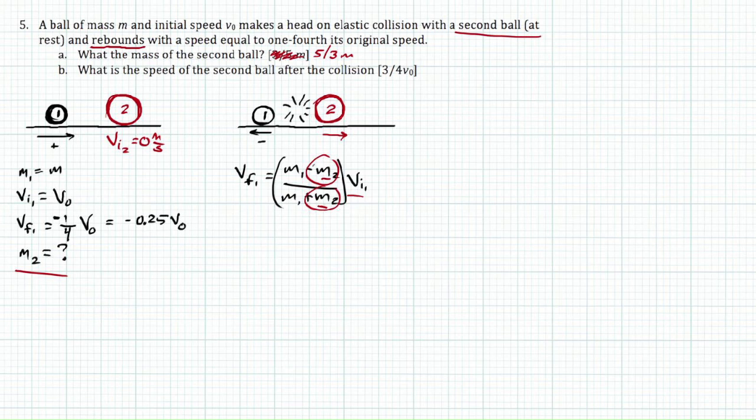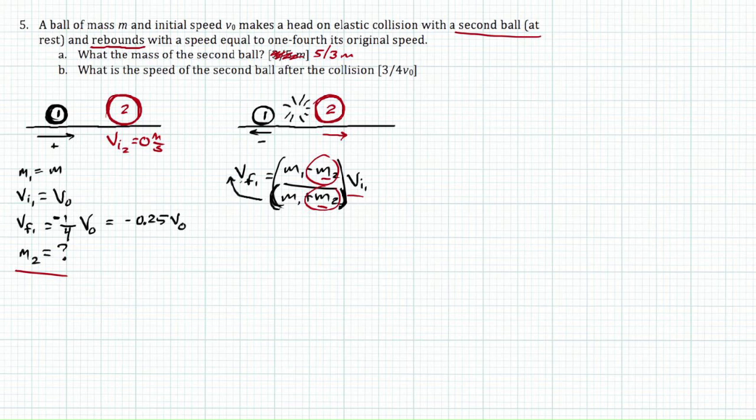So this equation right here is a little bit messy, and we want to get the m2's by themselves. What's the first step? Well, what I would do is take this bottom denominator right here, m1 plus m2, and that has to move as a unit because the m1 and m2 are added and that's in the parentheses, so that whole unit has to move somewhere all together. I'm going to multiply both sides by it because it's in the denominator.